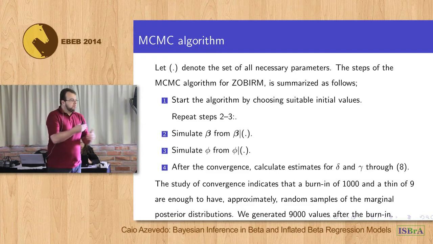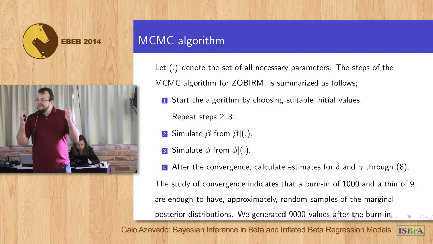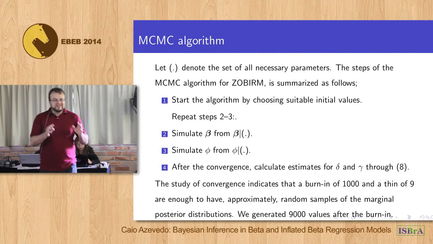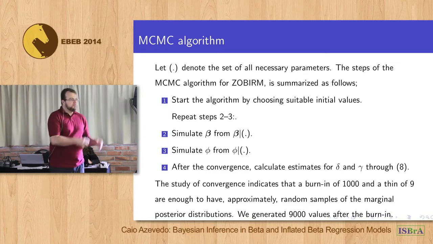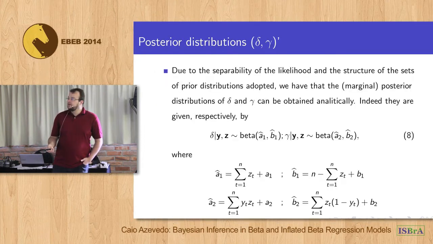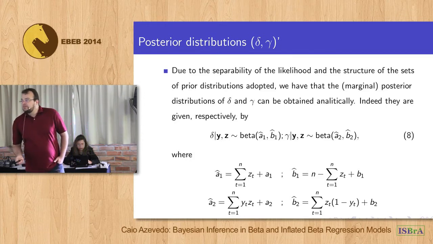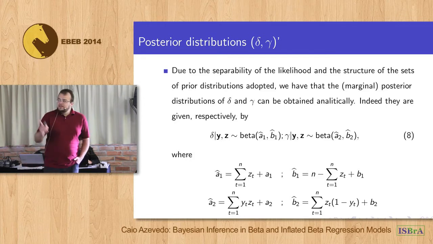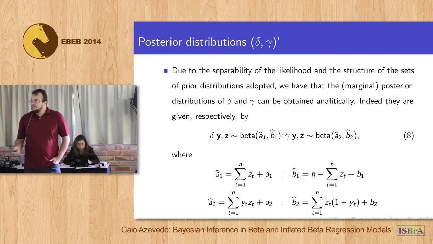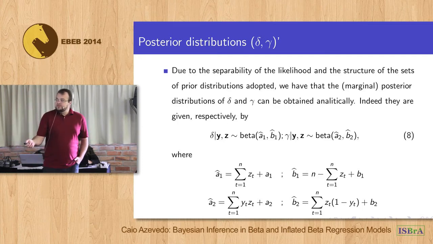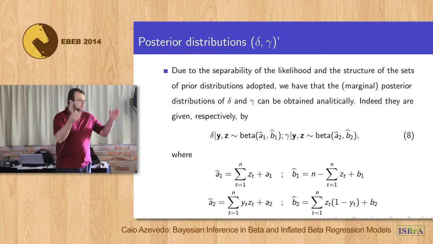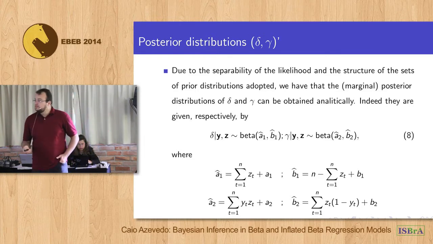We repeat this process until we reach some convergence. And after that, we can estimate delta and gamma by using their posterior distributions. And it's very interesting to note that this posterior distribution does not depend on beta and phi, since the likelihood is separable.